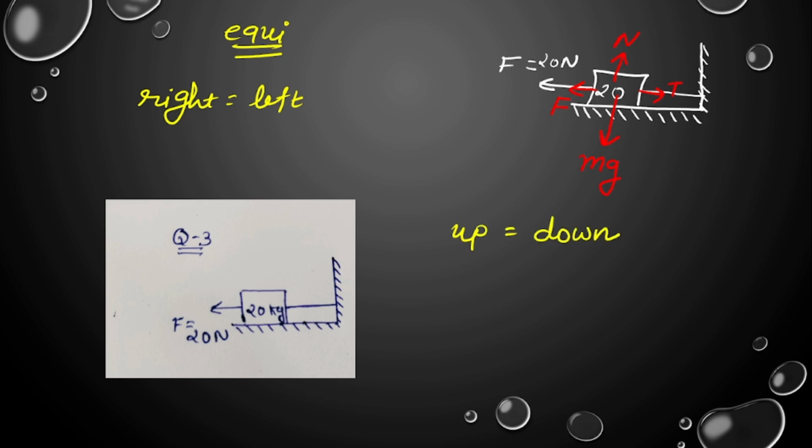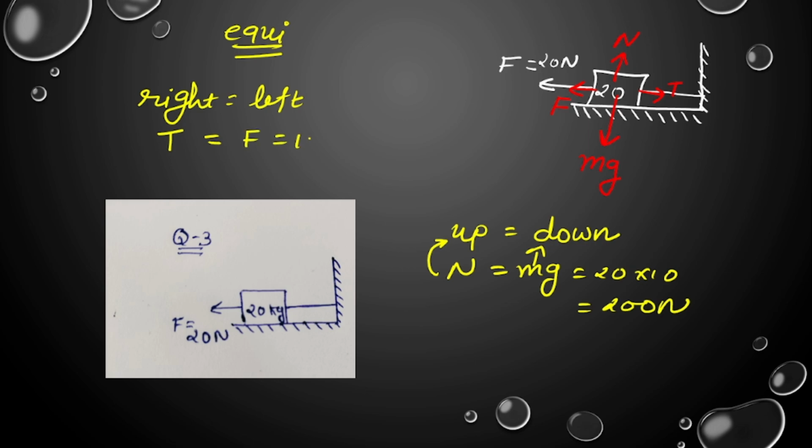Upward force equals downward force. Upward N equals mg equals 20 into 10, which comes out as 200 Newton. Normal is in the upward direction, mg is vertically downward. Right side force is tension, left side is F, and F is 10 Newton. This is all.